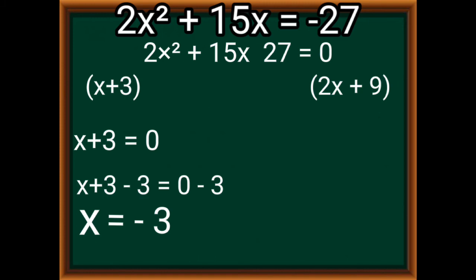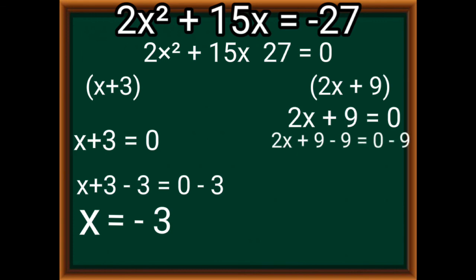And next, 2x plus 9. Let's use the zero product property. 2x plus 9 equals 0. Use the addition property of equality. Add negative 9 to both sides and simplify. Bring down 2x, cancel out positive 9 minus 9, and 0 minus 9 equals negative 9.